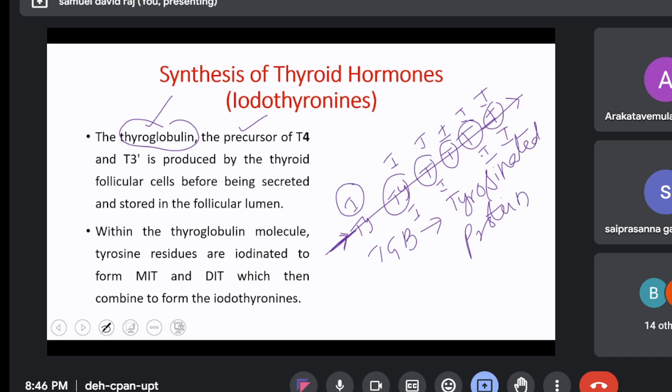Only when it is stimulated by thyroid stimulating hormone, T3 and T4 are released, whereas mono and diiodothyronins are involved in recycling the iodine and other residues for the further synthesis of the same hormones.